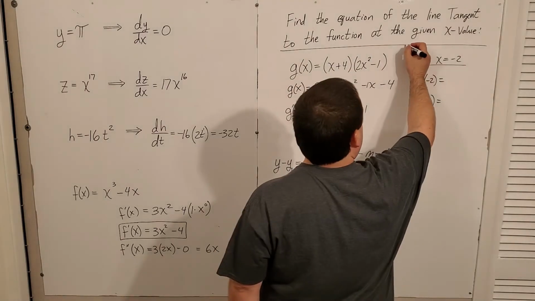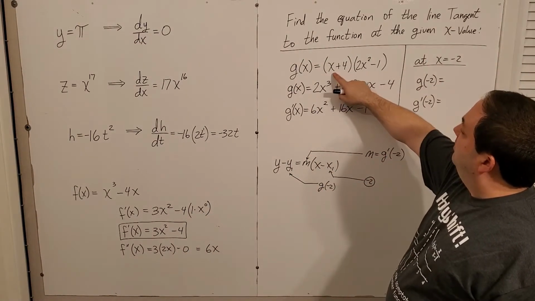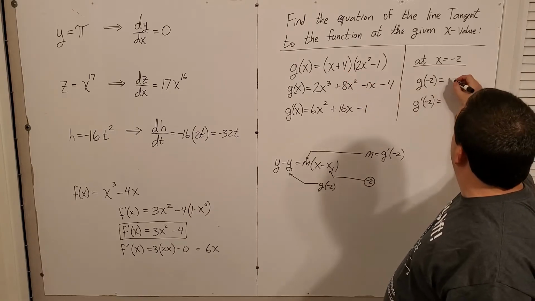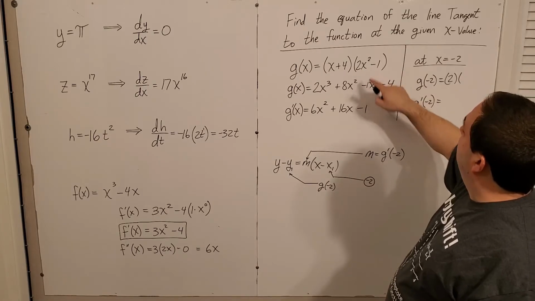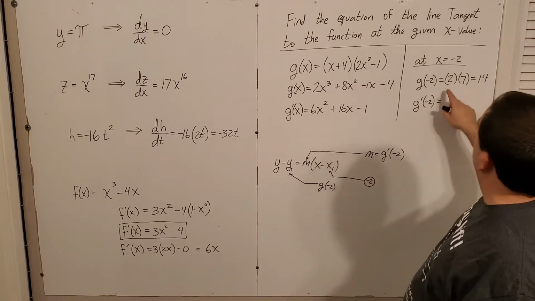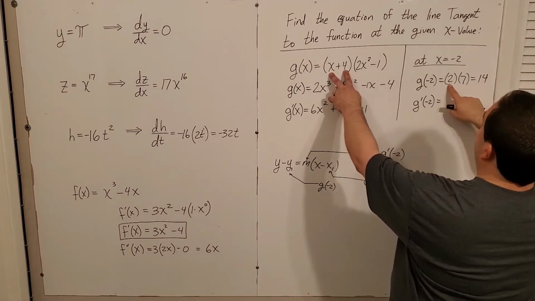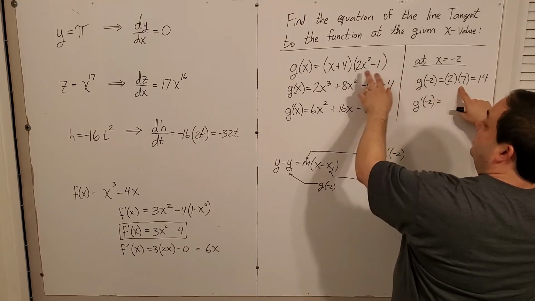Okay? So now let's do that. G of negative 2 is going to be 2 times 8 minus 1, 7 is 14. Double check me real quick. 4 plus negative 2 is 2. Negative 2 squared is 4. Times 2 is 8. Minus 1 is 7.